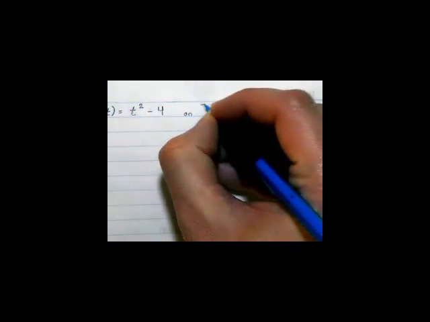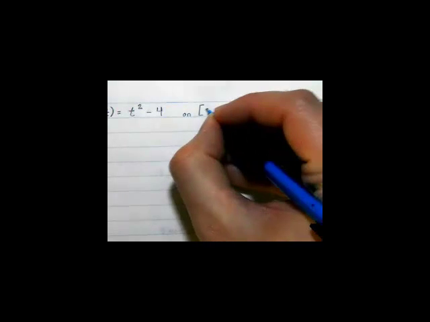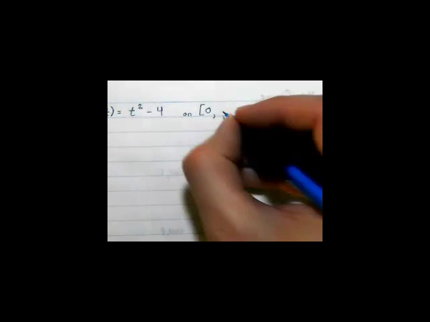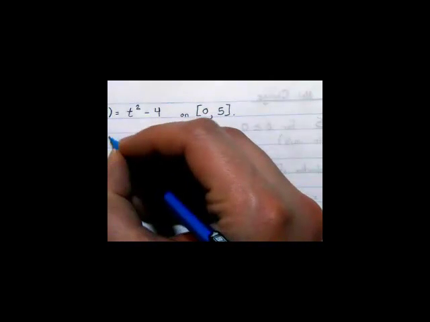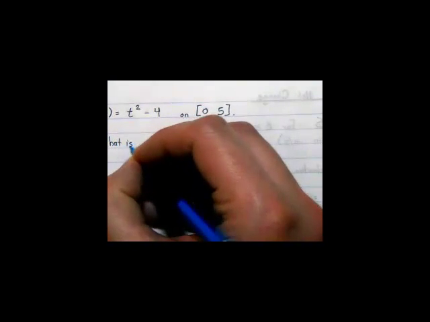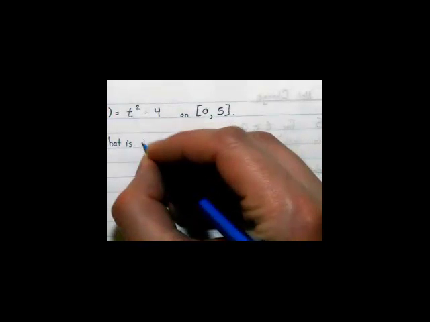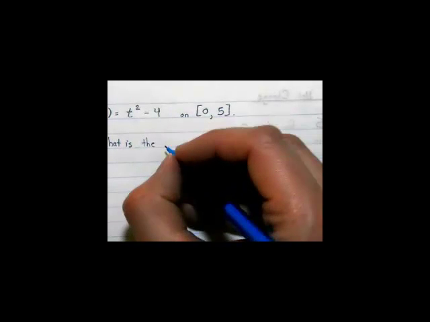And let's put this on the interval 0 to 5. Start with this. See if you guys can do the same thing you did before. And you can use your calculator for it, it's fine.